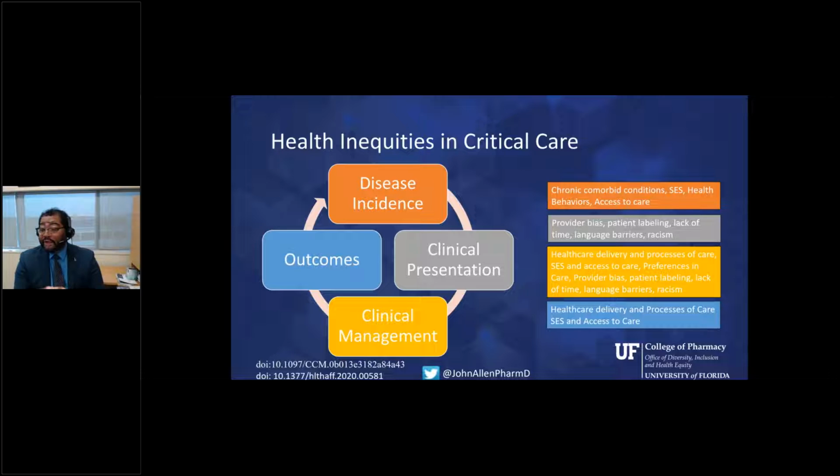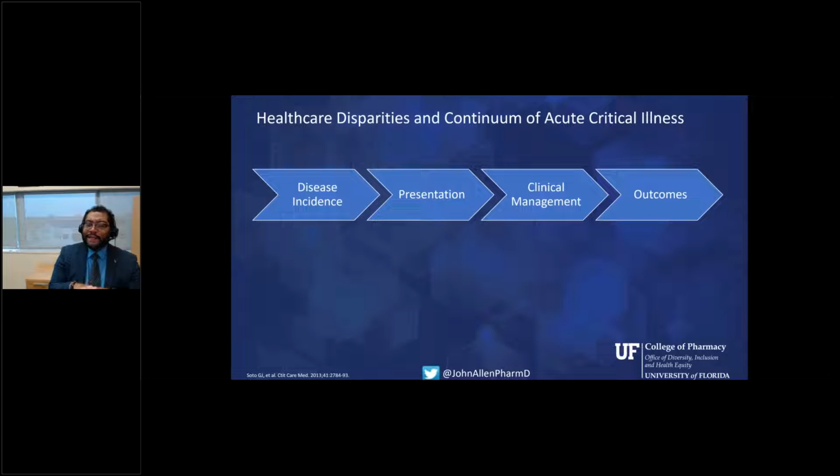And lastly, outcomes. So healthcare delivery and processes of care, as well as socioeconomic status and access to care, all have the ability to impact outcomes. And so looking at it in its totality, disparities hit multiple spaces in critical care. But I wanted to look at it a different kind of way.